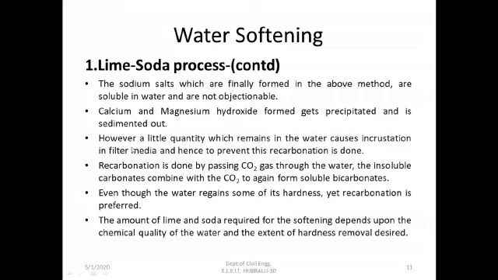In recarbonation, carbon dioxide gas is passed through the water, and the insoluble carbonates combine with the carbon dioxide to again form soluble bicarbonates. These soluble bicarbonates will be well within the limit and hence are permissible, so recarbonation is done to take care of the incrustation in the filter media.